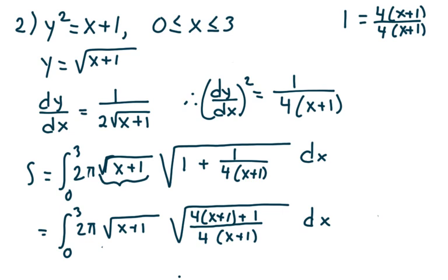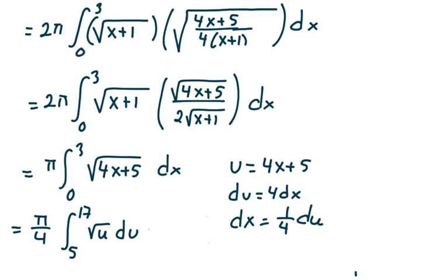Now, going forward, this is 2 pi times the integral from 0 to 3 of the square root of x plus 1 times the square root of 4x plus 5 divided by 4 times the quantity (x plus 1) dx. The square root of 4 is 2, and so this is 2 pi times the integral from 0 to 3 of the square root of x plus 1 times the square root of 4x plus 5 over 2 times the square root of x plus 1.